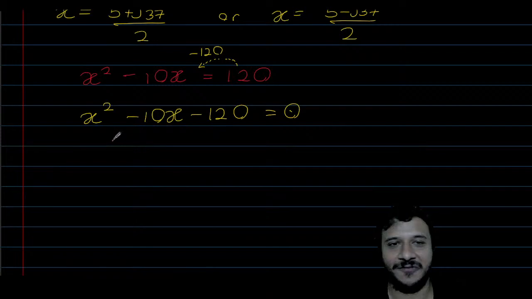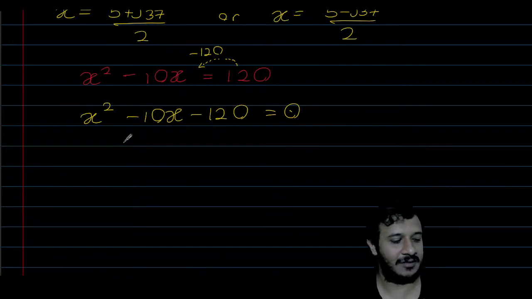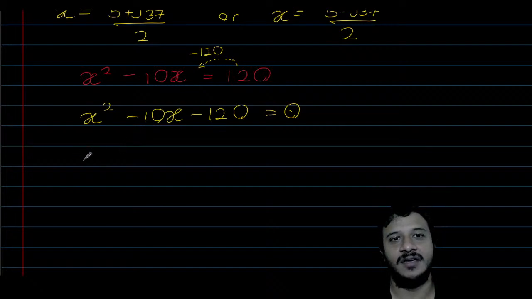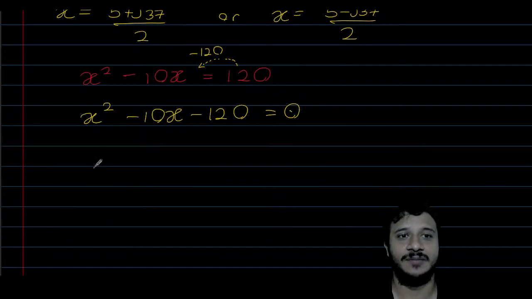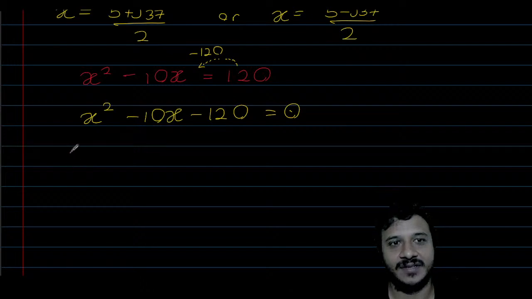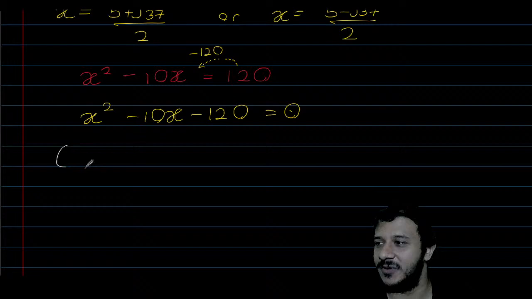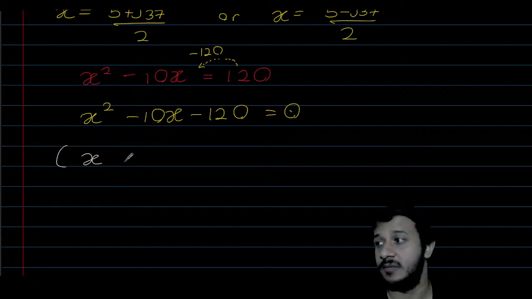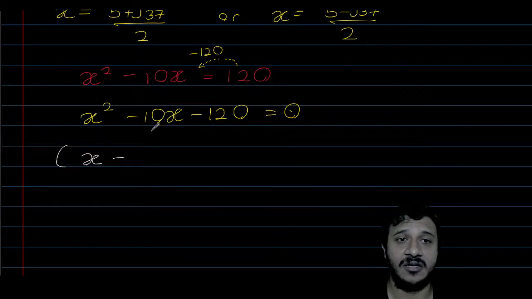Is there any number in front of x square? No, right? So if there's no number in front of x square, let's start the process. Open the bracket as usual. X square comes down as x, then minus 10 comes down, and always take half of it.